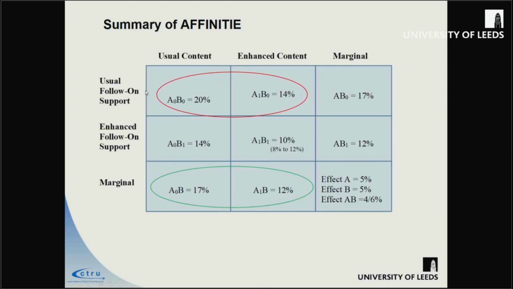I think that's what we tend to do naturally within clinical trials. We fix this and we vary this, and we're interested in this effect here. But I think we should be interested in the effect of enhancing content, regardless of whether I'm doing it with usual follow-on support or enhanced follow-on support. And therefore that's what I'm doing here.